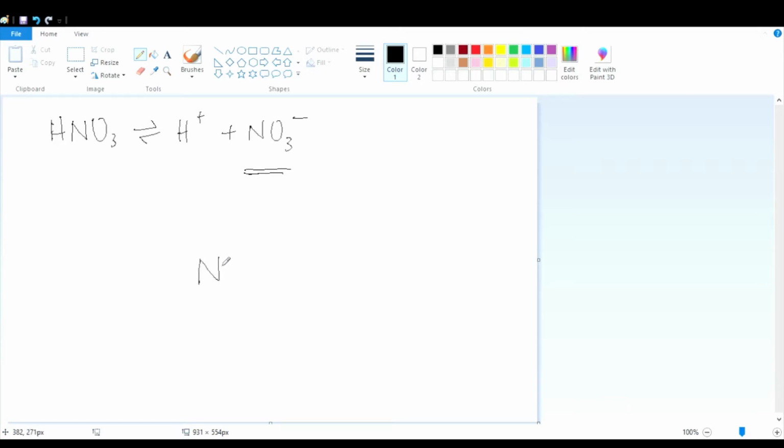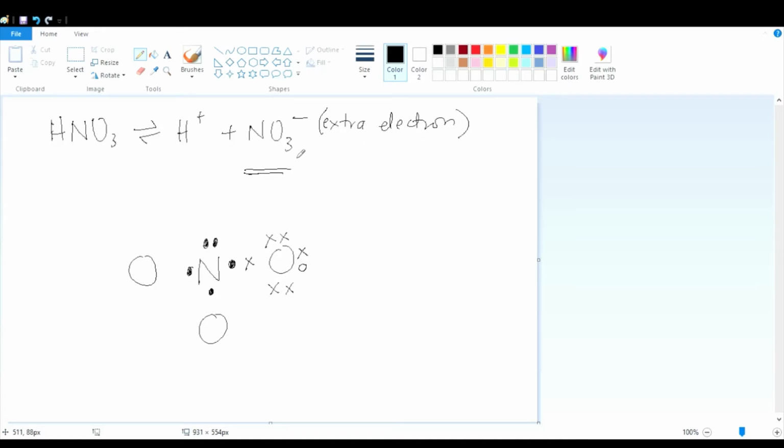So N would be in the middle, oxygen would be surrounding it, and we have 1, 2, 3, 4, 5 valence electrons for nitrogen. Oxygen, we have 1, 2, 3, 4, 5, 6, and 7. This is where the extra electron is.